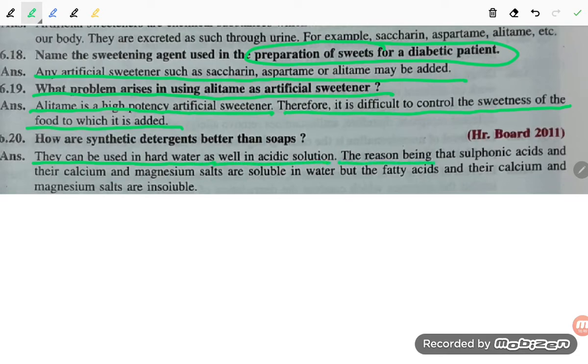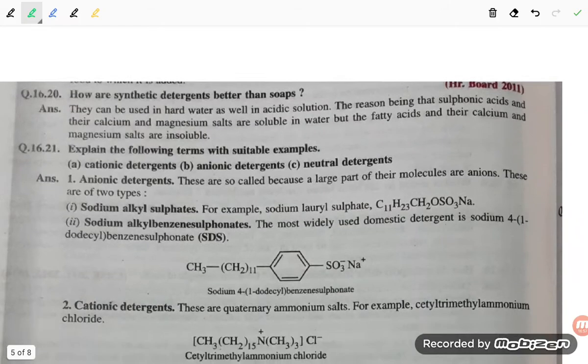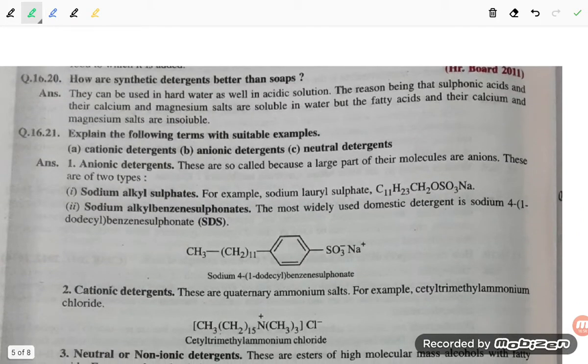The reason being that sulfonic acid and their calcium and magnesium salts are soluble in water, but the fatty acids and their calcium and magnesium salts are insoluble. Okay, next one, they are saying how are synthetic detergents better than soap.